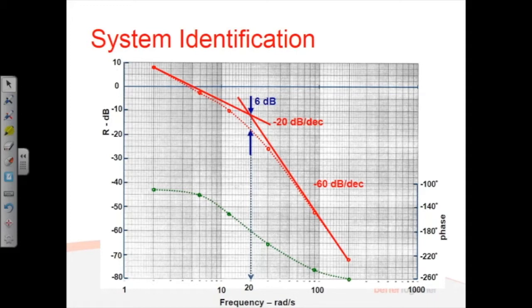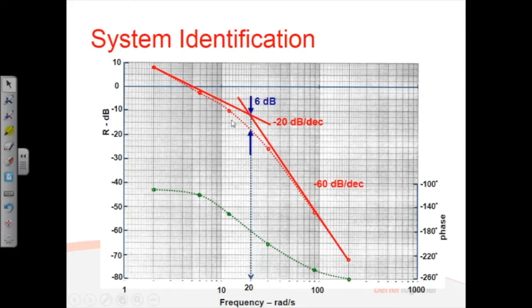If that difference is large and negative, so the real data is beneath, then it has lots and lots of damping in it, that's a large zeta. If the real data goes above the corner, it has not very much damping at all, it's exhibiting a resonant peak. So that's a small zeta.